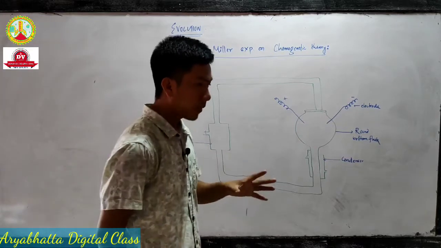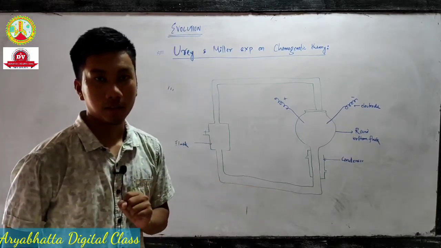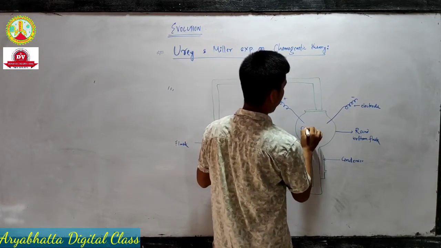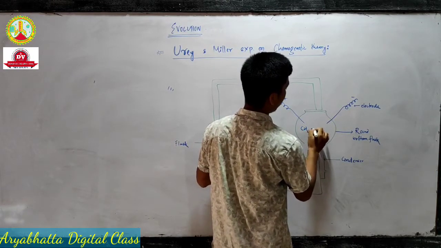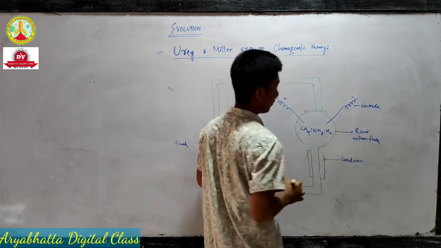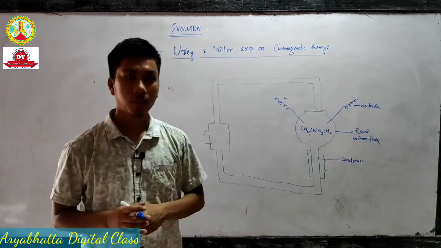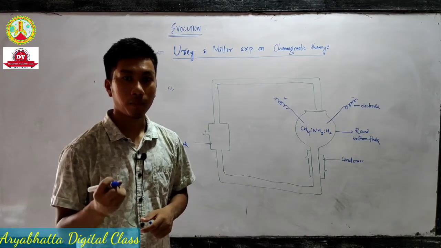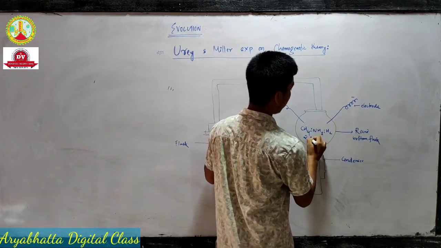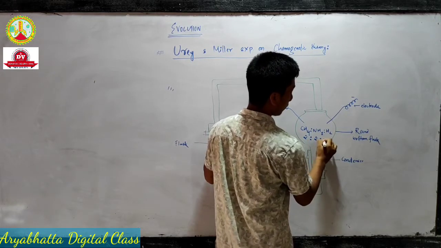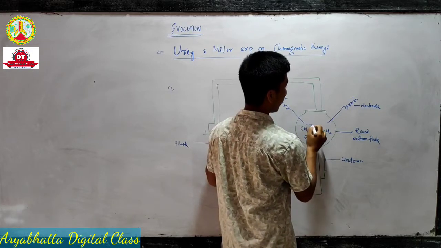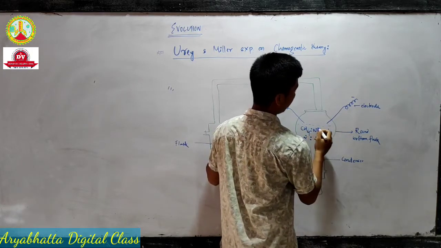Now for this experiment they used chemicals: methane, ammonia and hydrogen. They used methane, ammonia and hydrogen in the ratio of 2:2:1. This chemical mixture is added inside the flask.